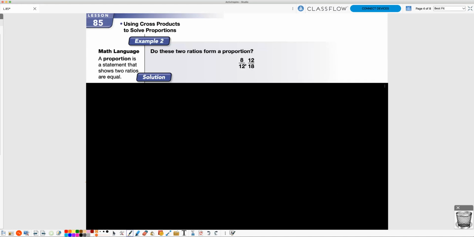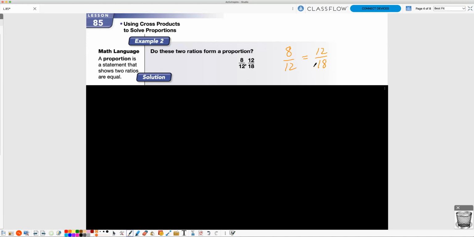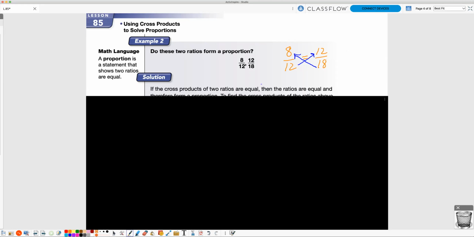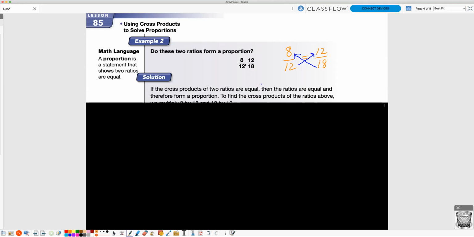Example 2, do these two ratios form a proportion? So again, you take 8/12, and if it is equal to 12/18, you can determine that by using your cross product method. Multiply each of those times each other. If the cross products of the two ratios are equal, then the ratios are equal and therefore form a proportion.